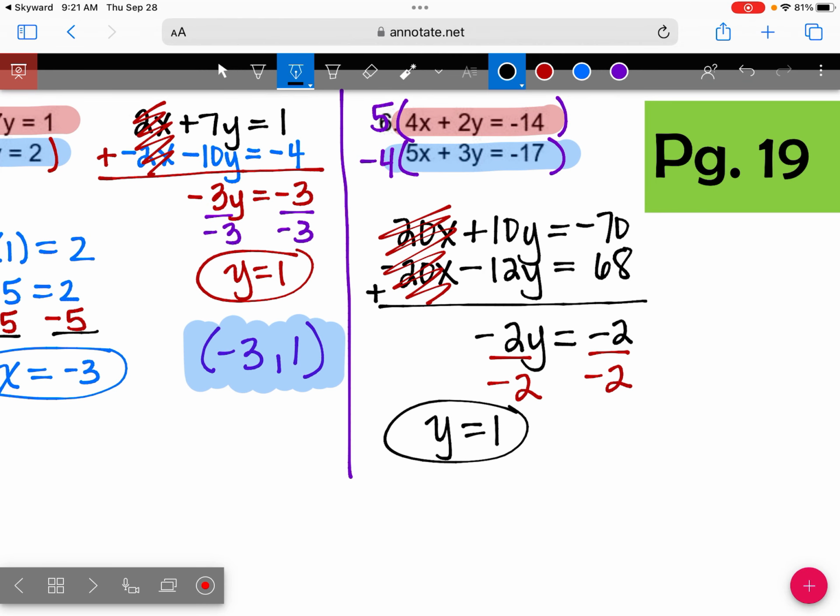And then you need to decide what equation you want to use to find x. And we'll stick with blue because blue has been our friend. So that would be 5x plus 3. All right, go ahead and solve that for x.